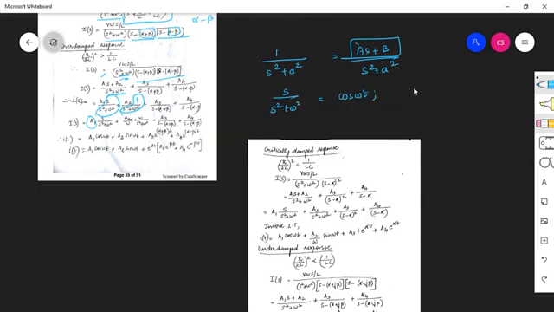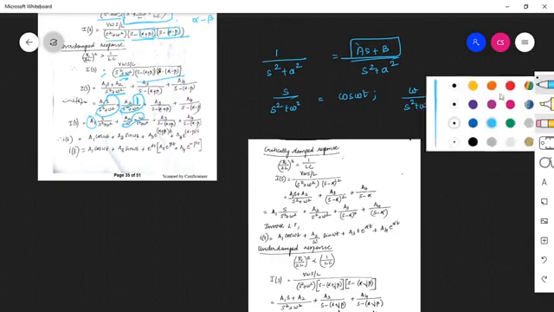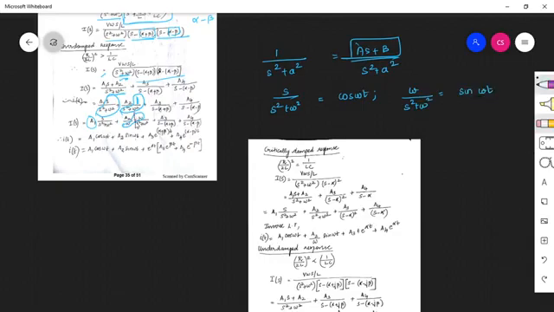And similarly, for omega by s square plus omega square, the inverse Laplace transform is sin omega t. But here we don't have omega, we have only 1. So what we will do is multiply and divide by omega. Therefore, omega by s square plus omega square becomes sin omega t.